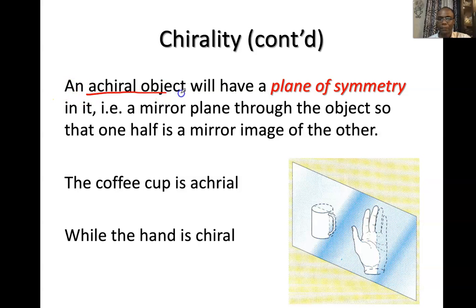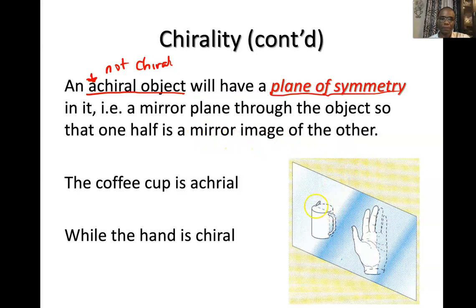An achiral object is one that is not chiral. So chiral, achiral. Whenever you introduce the "a", it means it's not, it's the negative. So an achiral object will have an internal plane of symmetry, and its mirror image, of course, will have half the image of the other one.